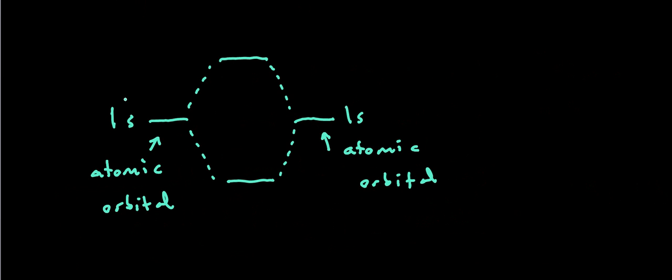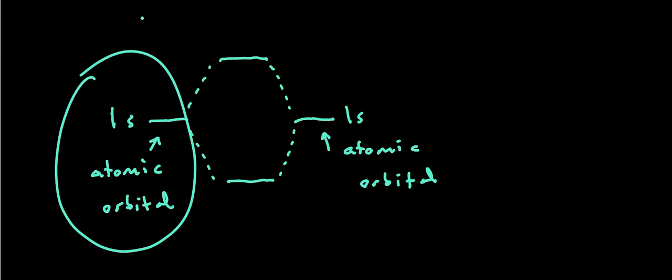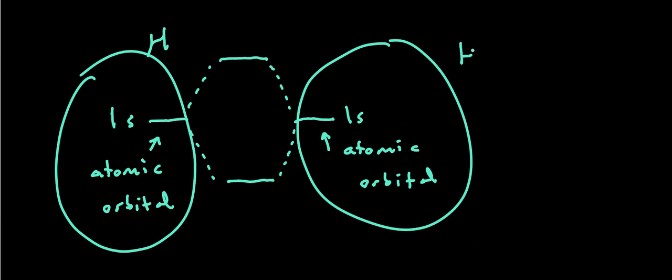Here's the beginnings of our picture. We have our 1s atomic orbital from one H atom, and we have our 1s atomic orbital from the second H atom. The 2 atomic orbitals combine to make what's in the center here.